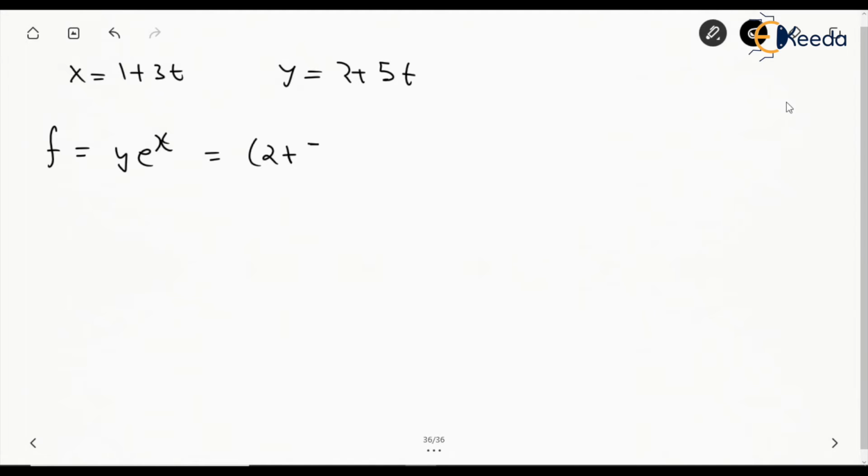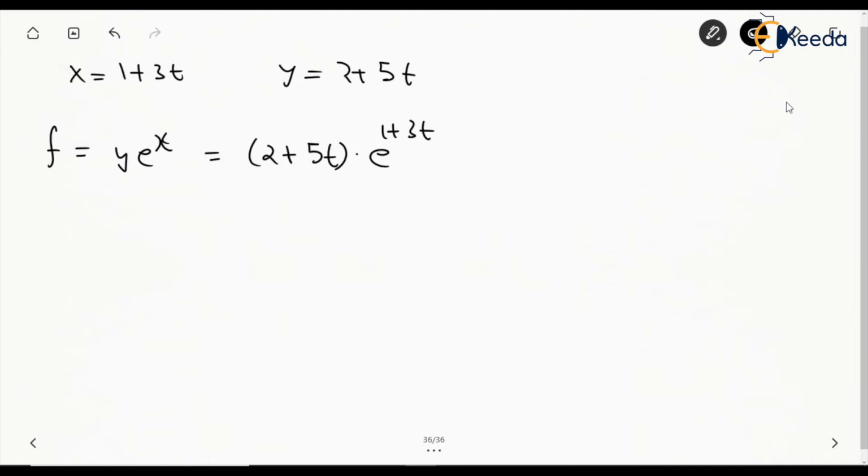now that we know that x is 1 plus 3t and y is 2 plus 5t, the function given here, which is y e to the power of x, can be given as 2 plus 5t into e to the power of 1 plus 3t, right?